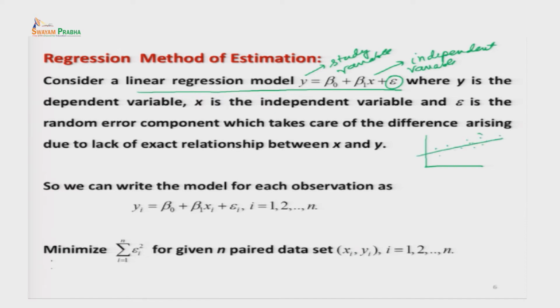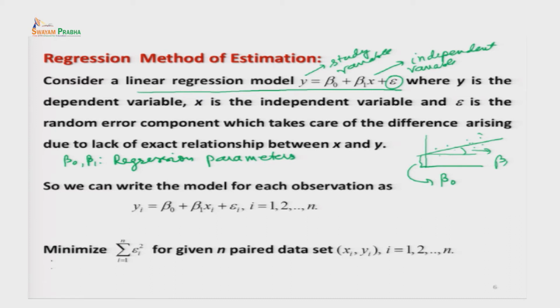So you have a line like this one. The slope here indicates beta 1, and the intercept is indicated by beta 0. These beta 0 and beta 1 are called the parameters of the model, the regression parameters.